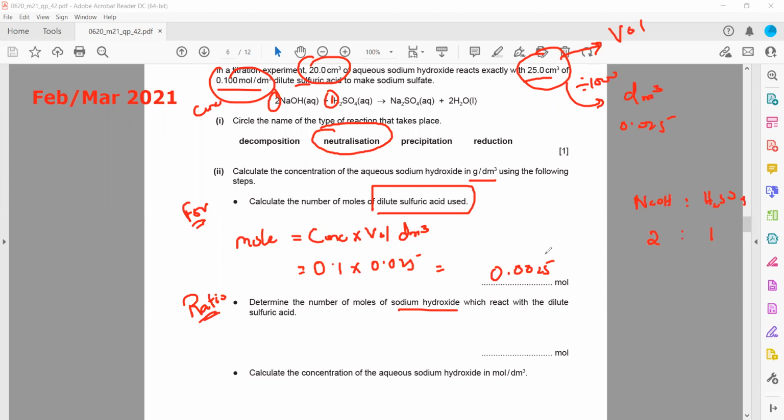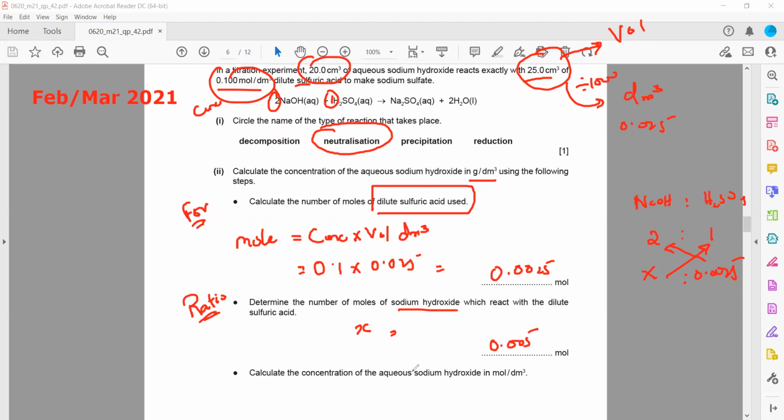In the question, we have 0.0025 moles of sulfuric acid to X moles of sodium hydroxide. Cross multiply: 2 multiplied by 0.0025 and 1 multiplied by X. So the moles of sodium hydroxide is 0.005.